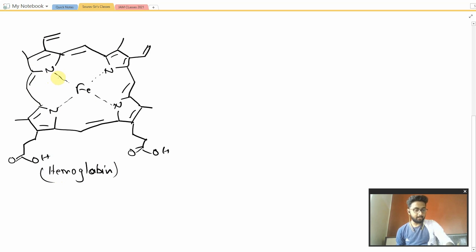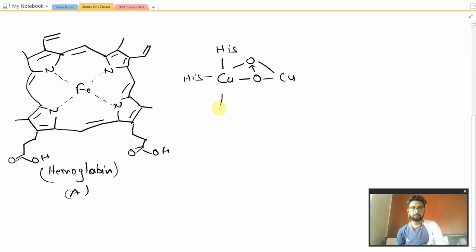Now in the next option you see that hemocyanin is drawn. So let us draw hemocyanin. I'll be drawing the short version of hemocyanin just to make you understand. So Cu, here we have O. This will be bonded, and here will be O, and here will be 3 histidine derivatives. Here also histidine and histidine.